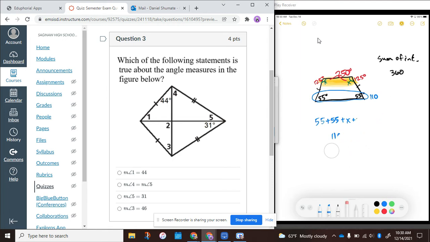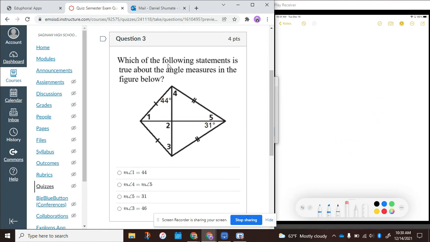Now moving on to our next question, now that it's loaded. Which of the following statements is true about angle measures in this figure? Now, we have ourselves a kite. A kite is a very particular kind of quadrilateral where we've got those diagonals. Remember, the diagonals are what connects corner to corner.